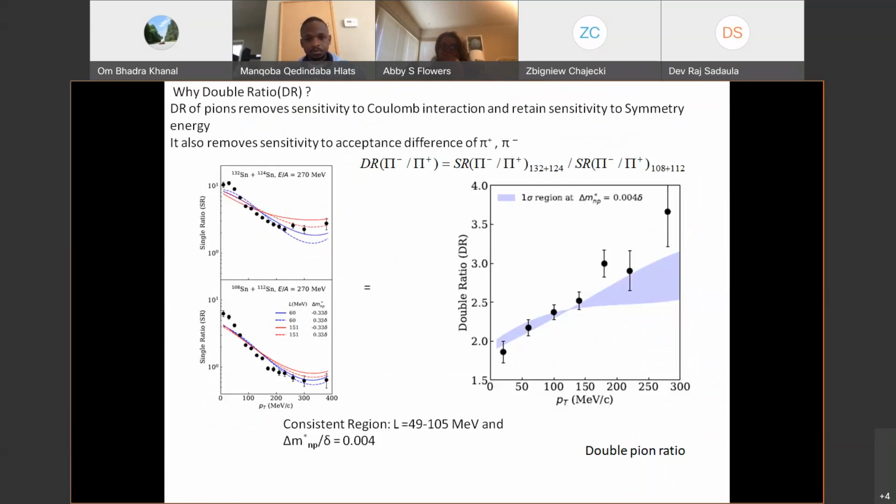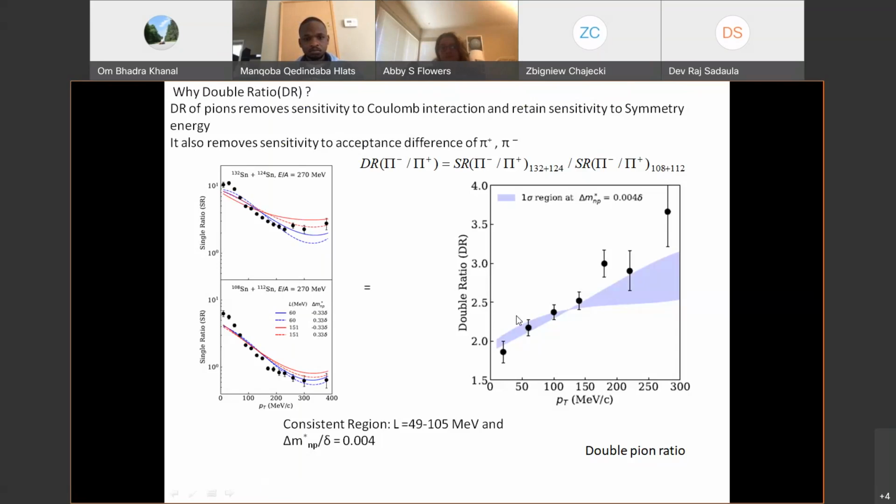You see, the single ratios were sensitive to the Coulomb interaction, and the double ratio removes that sensitivity, and also it removes the sensitivity to the acceptance difference of pi plus and pi minus. So the acceptance of pi plus and pi minus is handled better by the double ratio than by the single ratio.